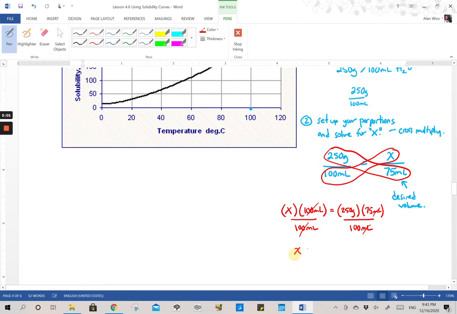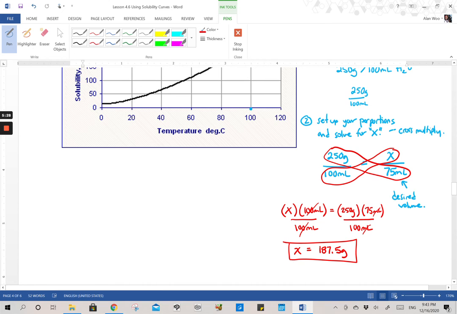So that x is actually 250 times 75 divided by 100, which comes out to be 187.5 grams. So the amount of solute that can dissolve in 75 milliliters of water is actually 187.5 grams.